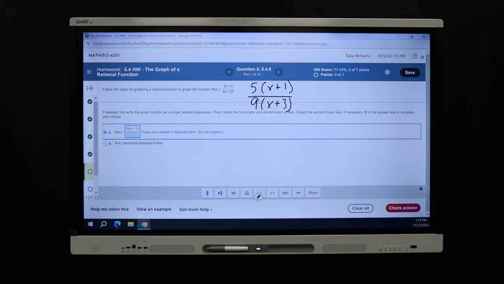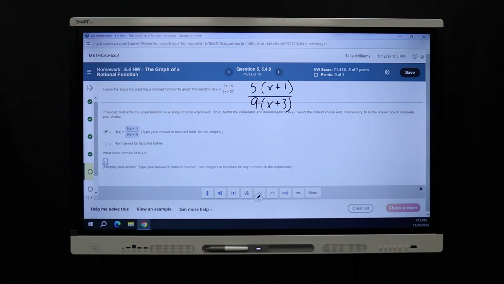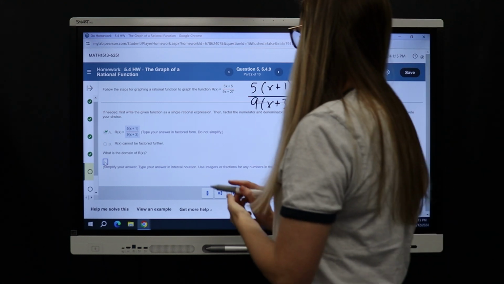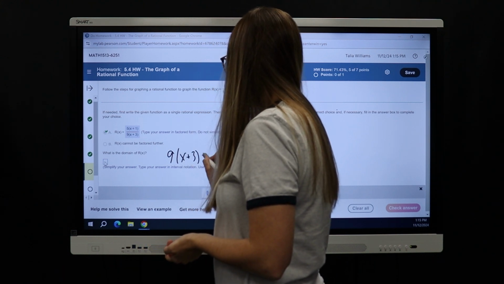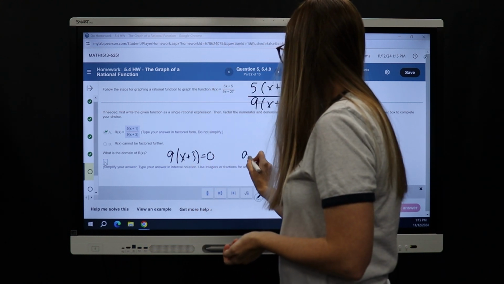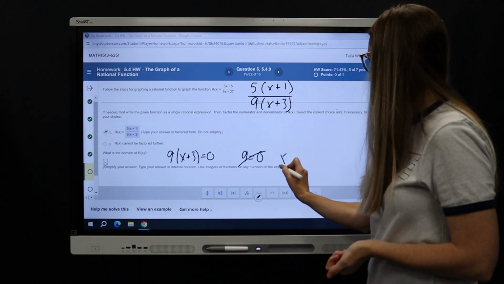The reason they want us to do this is because it makes it simpler when we're finding intercepts and asymptotes and all the things, and domain. So our domain here, when we solve this, take your denominator, set it equal to 0. So I'd have 9 times x plus 3 equals 0. Does 9 equal 0? No, it's gone.